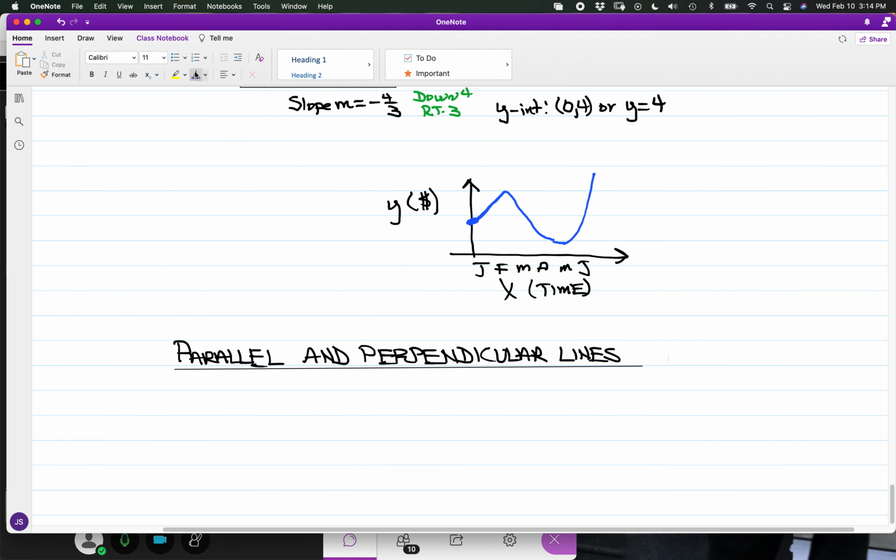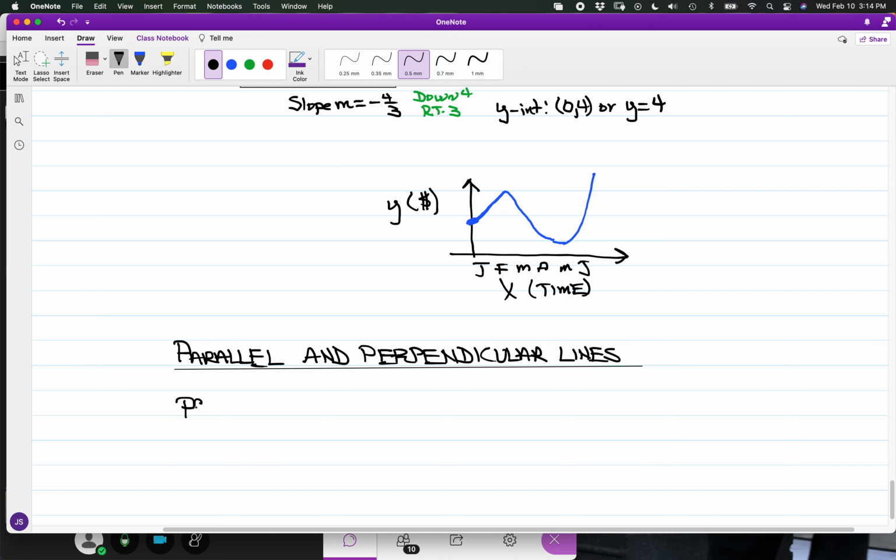And I just mentioned, so you have parallel lines. Parallel lines are going to be distinct lines that will have the exact same slope, and will never intersect.